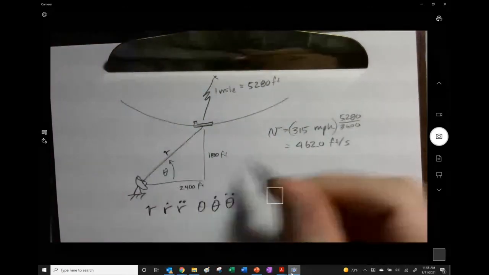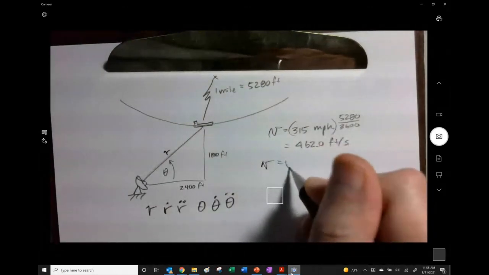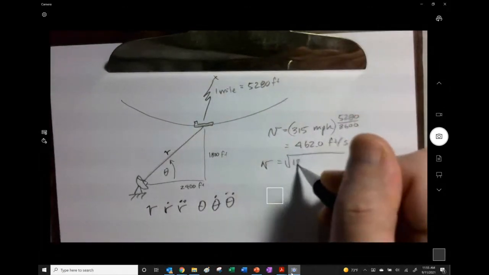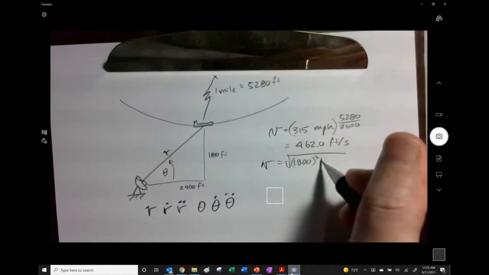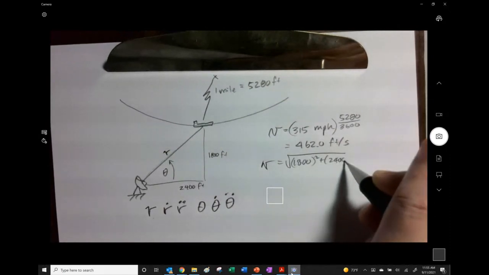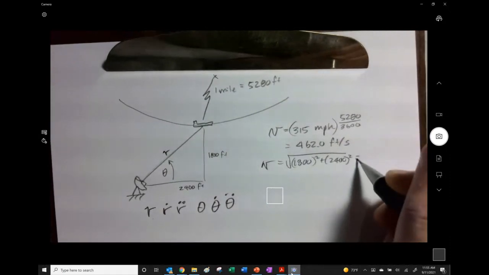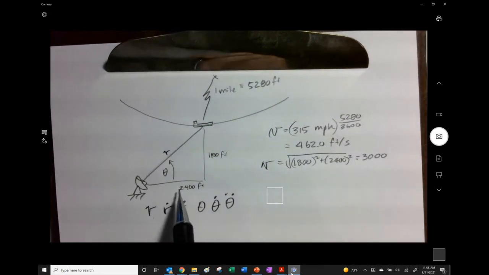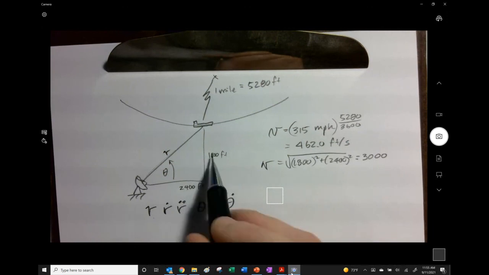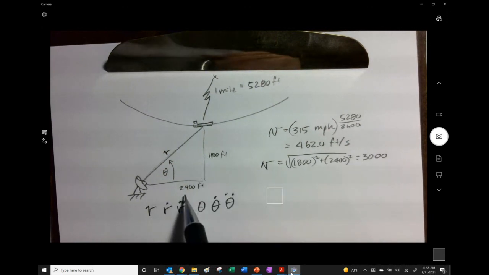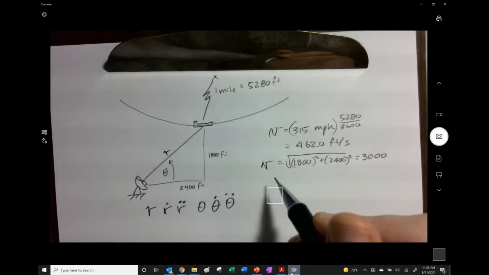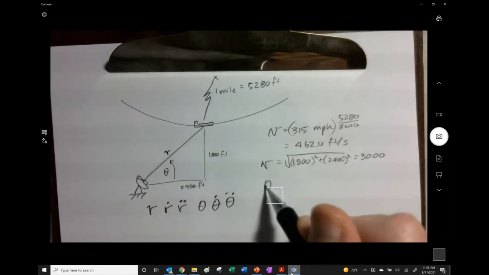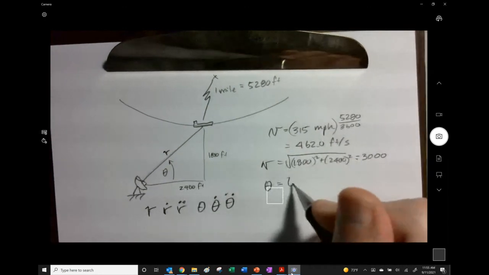So we can find r right away. Square root of 1,800 squared plus 2,400 squared. That ends up being 3,000. I guess this is a 3, 4, 5 triangle of some sort, right? Yeah, so it's like 3,000. And theta, we could take just rise over run.